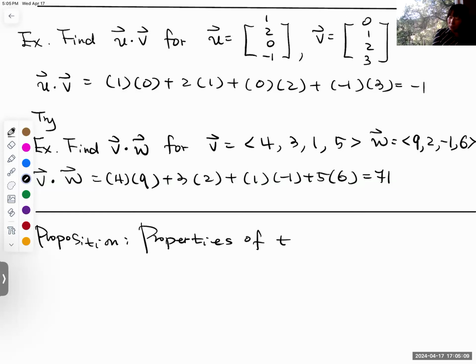Then the dot product U dot V satisfies the following properties.